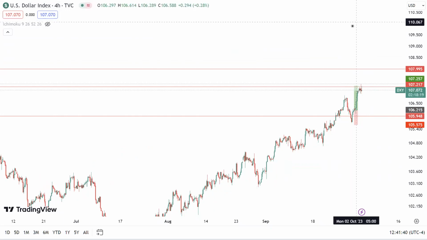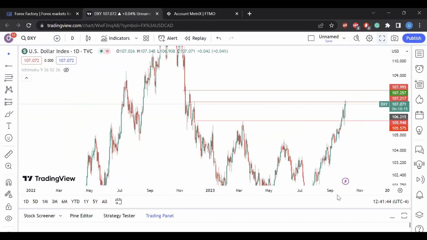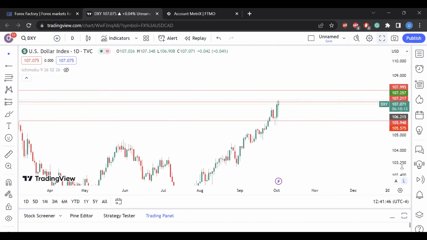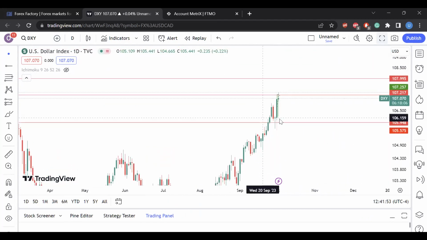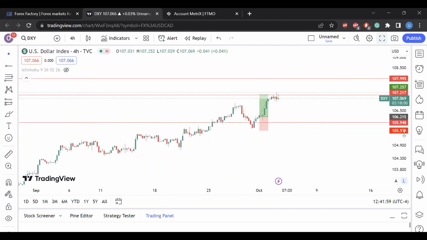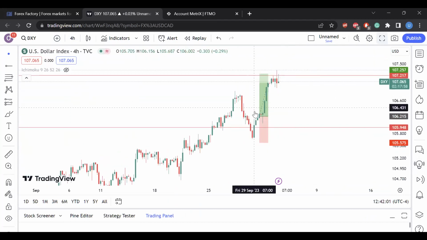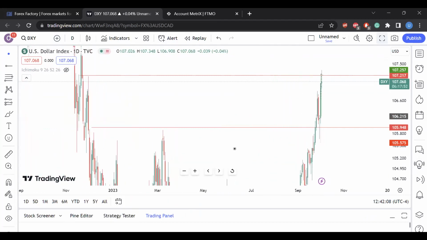And then on the daily last week on Friday, the market closed with, I believe, a pin bar right here. It was an indication that this market was not ready to start falling down, at least in my opinion. And when the market opened up, we saw no signs of slowing down. But at the moment, we're right at a resistance level.